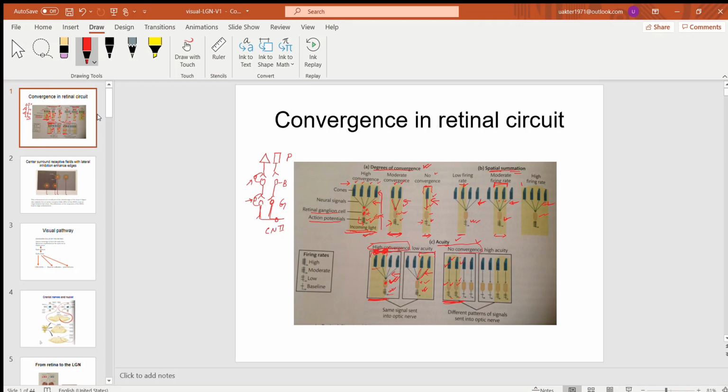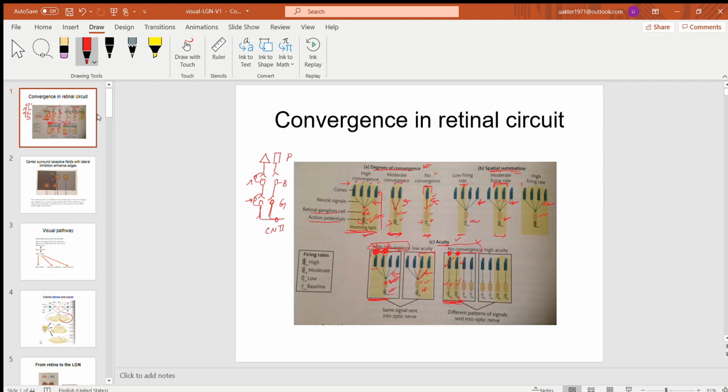So brain will not be able to tell the two separate points. In this case, since the brain is receiving the input separately, the brain will be able to tell the difference, will be able to discriminate two different objects, although they are located in the same space. Okay.